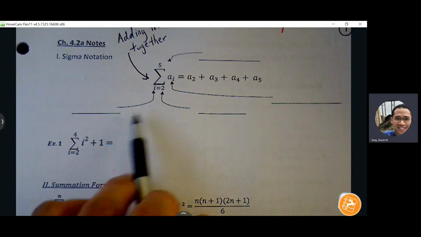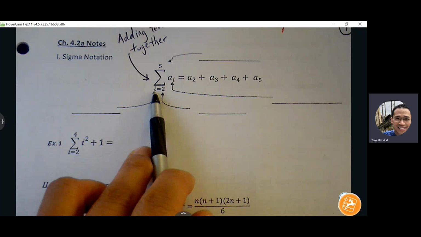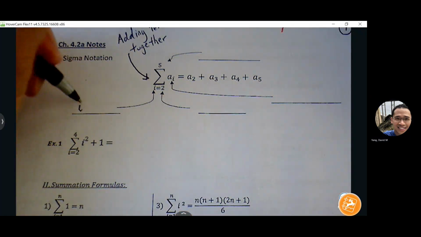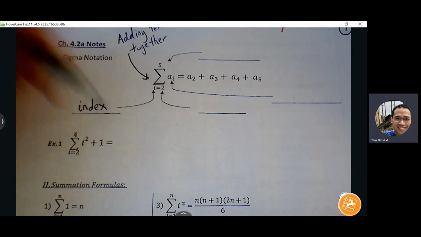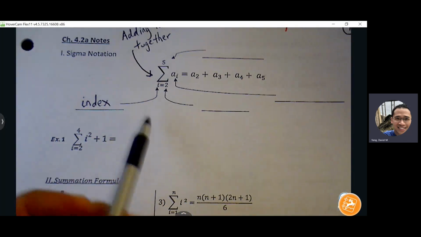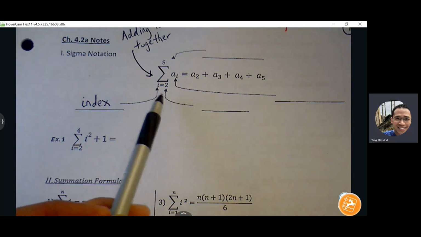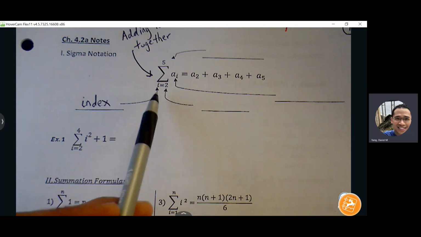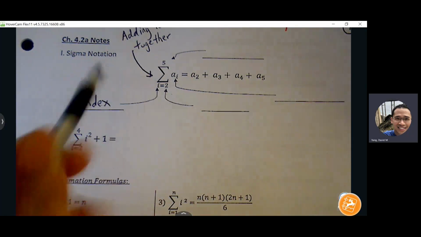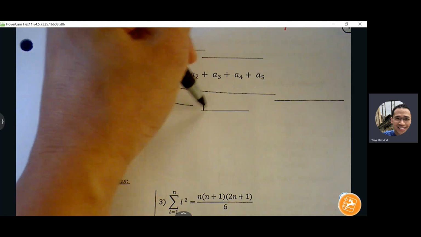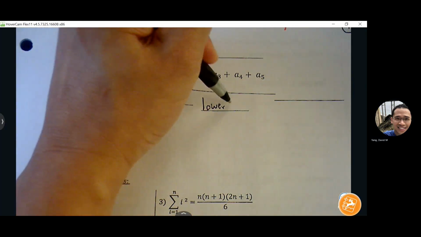First you have that variable i, that's the index variable. That variable can be anything, but usually i is the variable that you're going to see the most. We have that lower bound 2. This is going to be the first value that you insert into your rule of sequence.